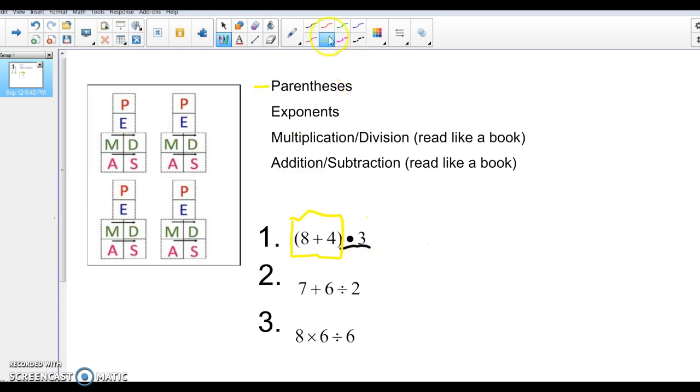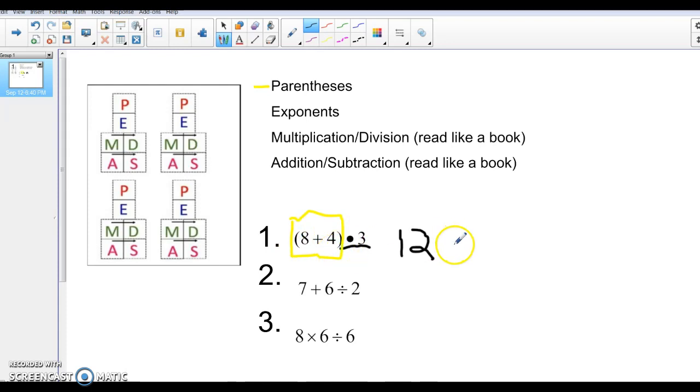We all know that 8 plus 4 equals 12. Once I'm done with one part of my equation when it comes to order of operations, I like to rewrite the equation. We've done 8 plus 4, that means our parentheses are poof, gone, right?